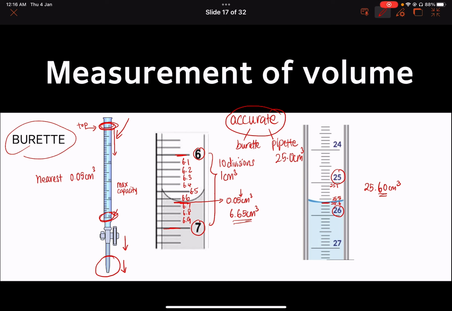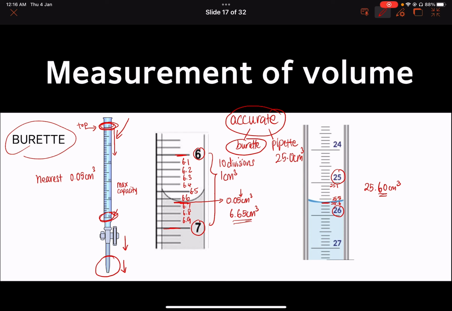This is the telltale sign. Go for pipette. Any other value, burette will be a better choice. Burette can give you a large variety of values, spanning from 0 to 50, but a pipette gives you only a fixed volume, according to its calibration, which is usually 25.0 for our syllabus.